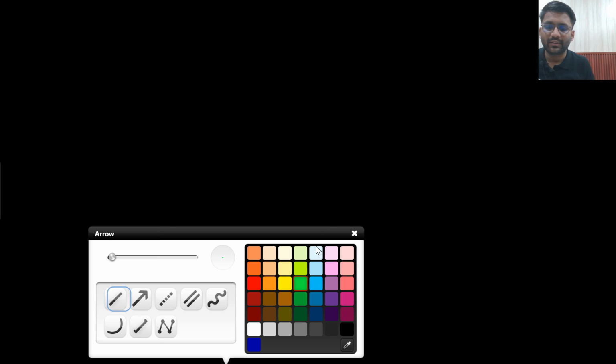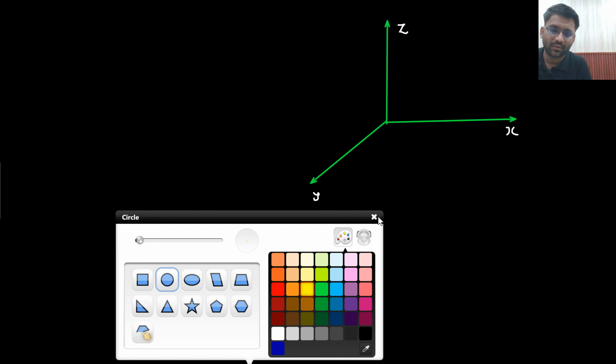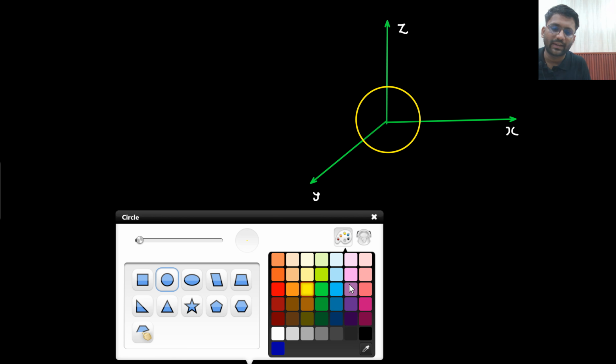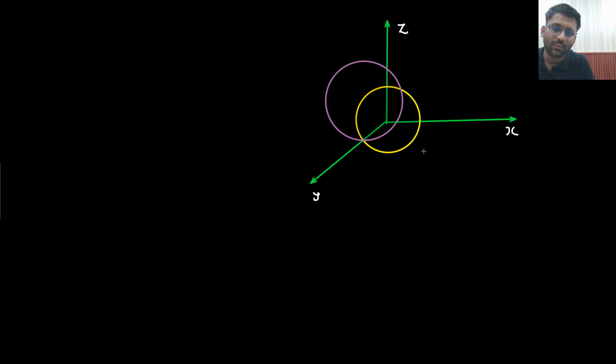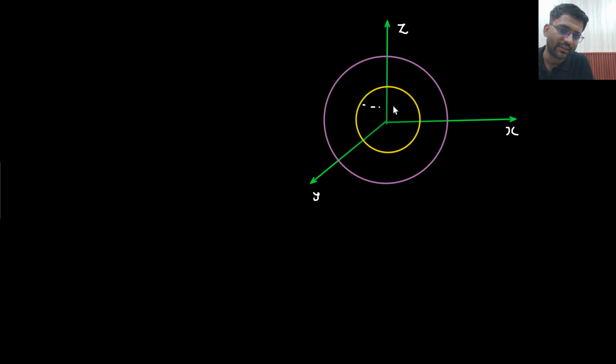So the scenario is that there are two spheres which are symmetric about the origin in xyz. One has a radius of 1 and the other one has a radius of 2. Those are the spheres that we are having.